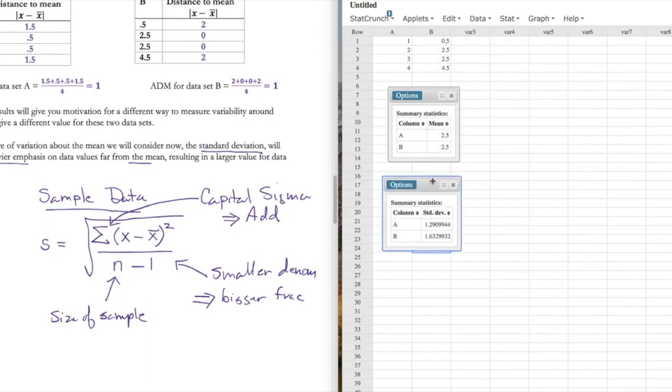Our standard deviation, let me just add that in here. Standard deviation for data set A is 1.29. And our standard deviation for data set B is 1.63. Okay, next thing we're going to do is go back to our serial data and see what happens there.